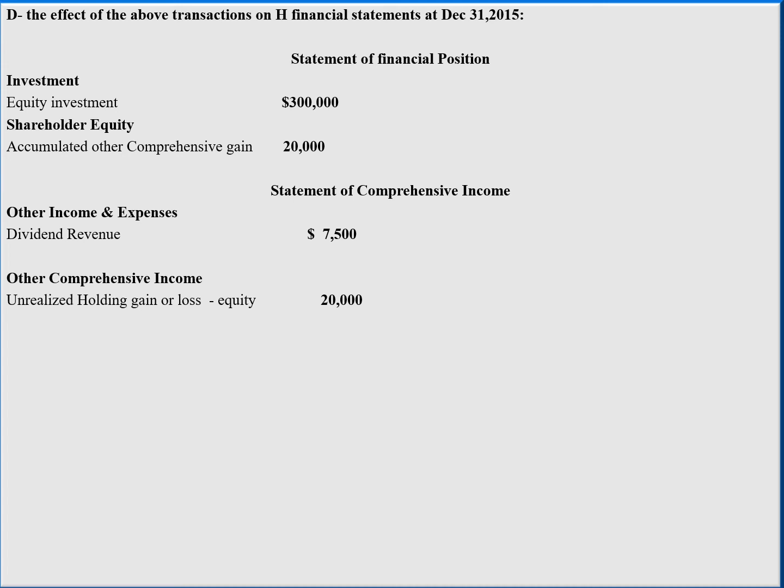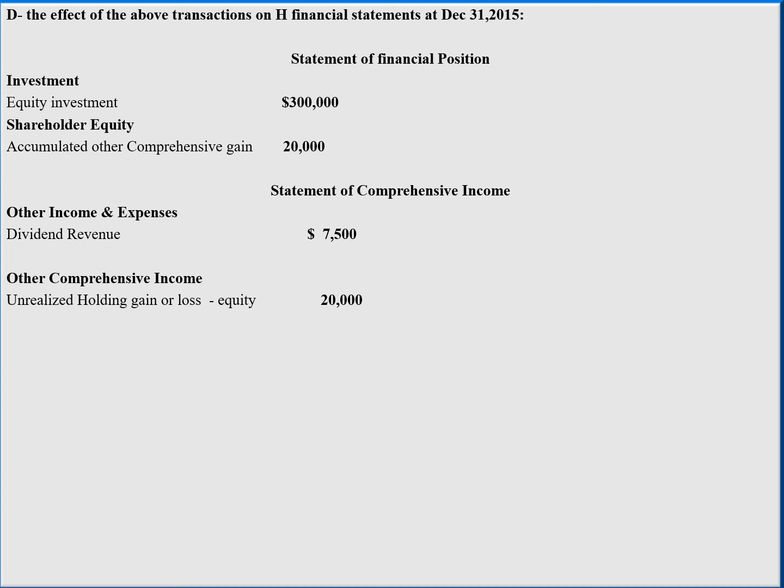شباب بما اننا قلنا ان ال unrealized holding gain or loss in case of non-trading investment is considered part of the OCI, other comprehensive income, not considered part of the net income. في الكيس دي يا شباب هنعمل ال statement of comprehensive income. طب يا شباب هو ال statement of comprehensive income دي considered two statements: income statement plus other comprehensive income items. شباب خليكم عارفين ان انا under other income and expenses هيظهر ال dividend revenue $7,500.